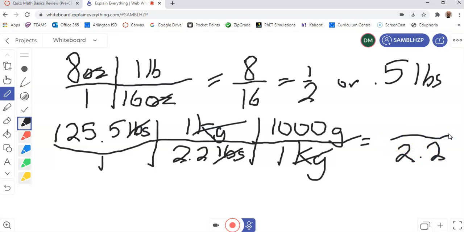Top part, 125.5 times 1,000 gives us 125,500. If I can squeeze that all on here, 125,500.